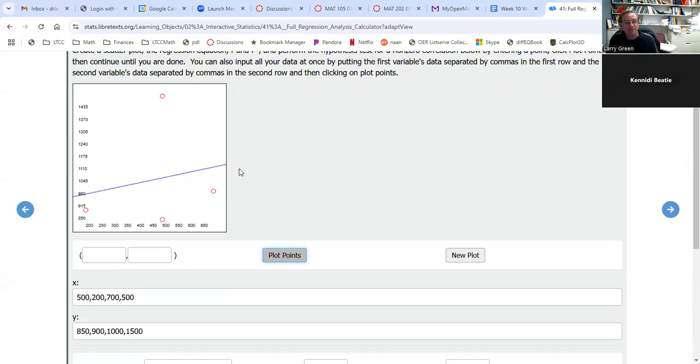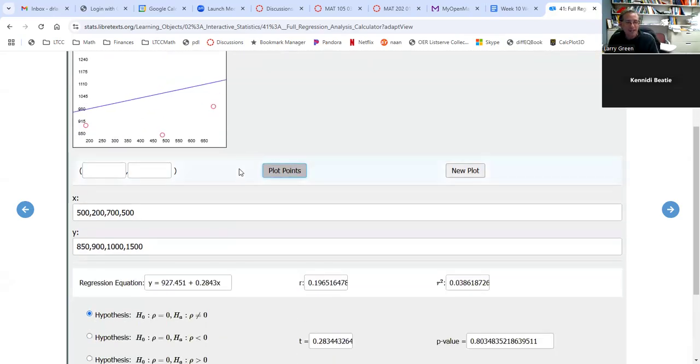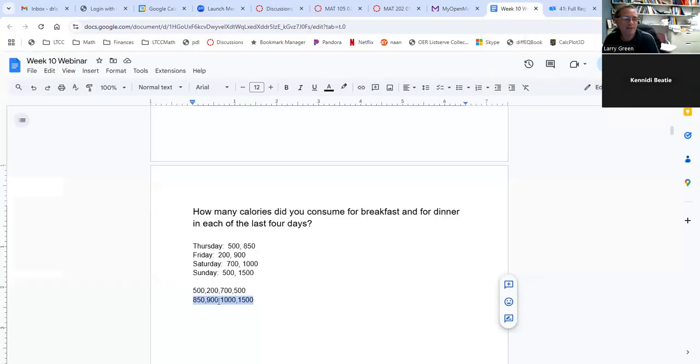Do you agree? And that is told here. So R is about 0.20 rounded to two decimal places, and R squared is 0.04 rounded to two decimal places. So let's write that down.